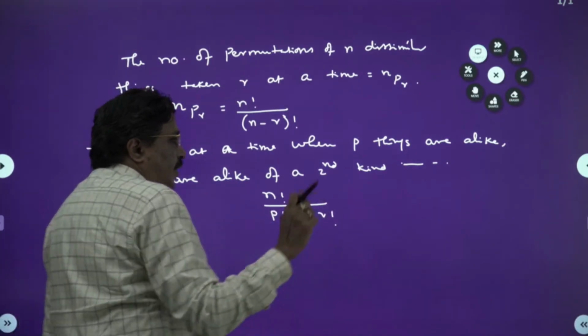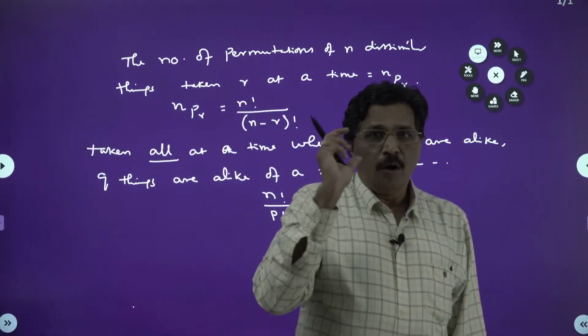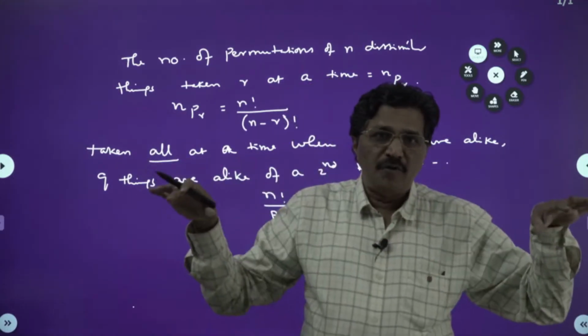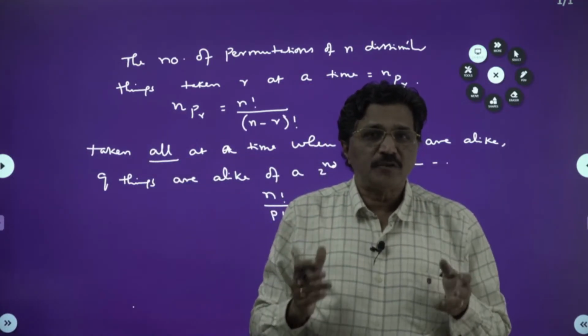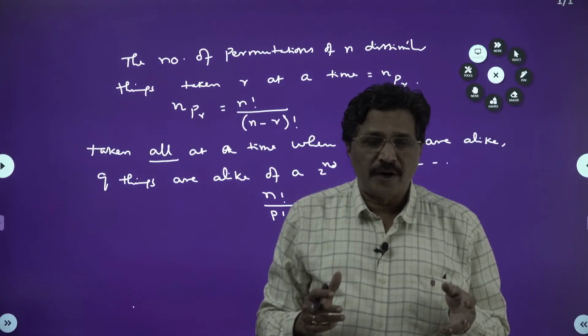Where there is a repetition of the objects, the number of ways in which we can arrange them is n factorial by p factorial, q factorial, r factorial, etc.